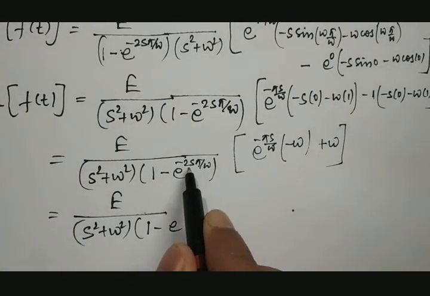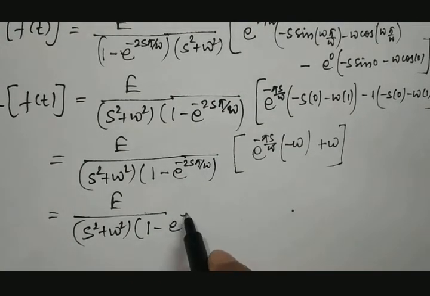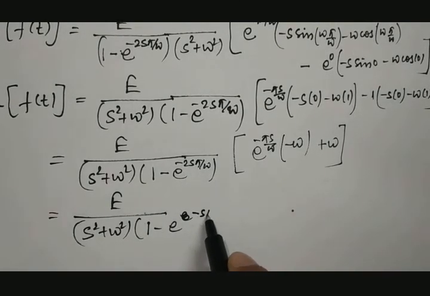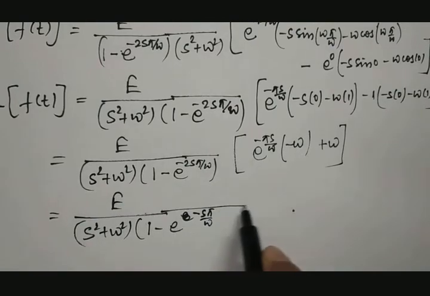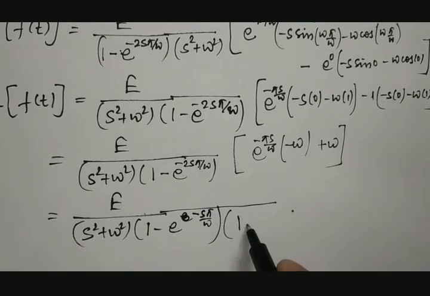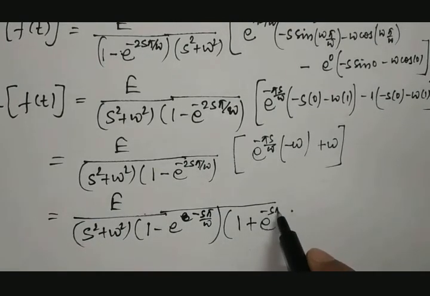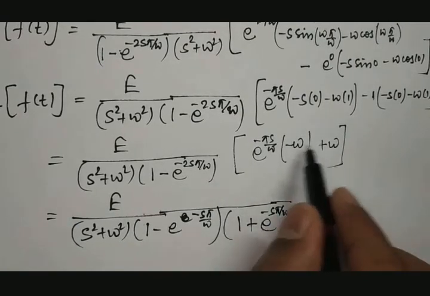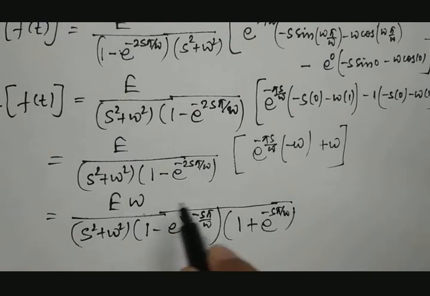this will be treated as square, means I'll take here, then it is e raised to minus s pi by omega into 1 plus e raised to minus s pi by omega. Fine. Then from here what is common? Omega is common.